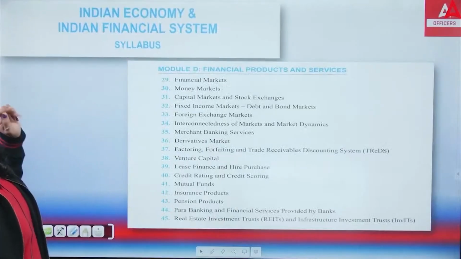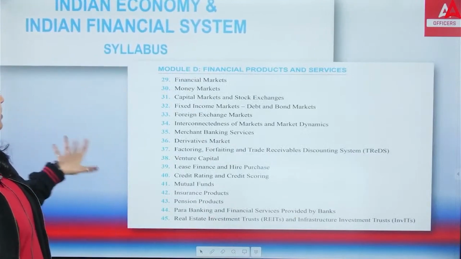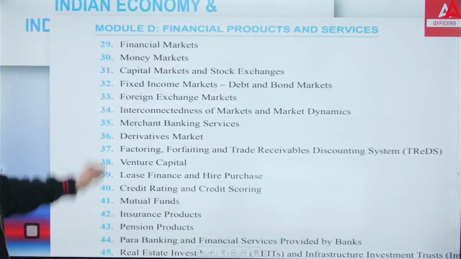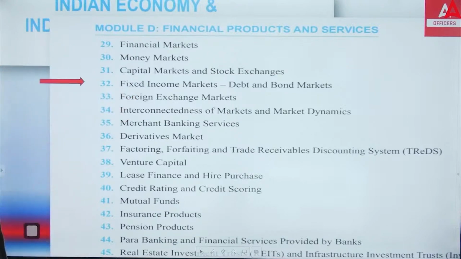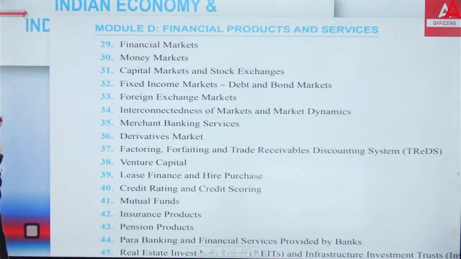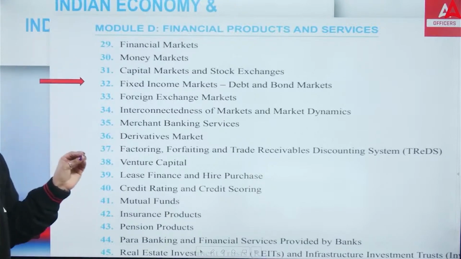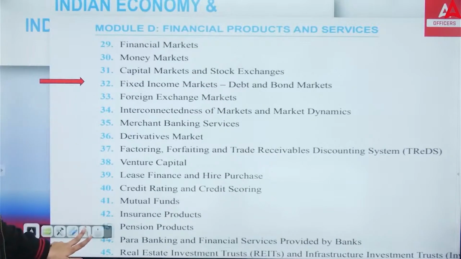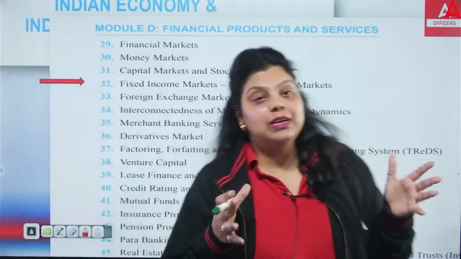It means in Indian Economy and Indian Financial System, module D, that is your financial products and services, we have discussed financial market, money market, capital market and stock exchange, and today we will be discussing the fixed income market, that is the 4th unit of module D. You can simply see the starting 3 units of module D have been completed, and today we are going to complete the 4th unit of module D. Overall, it is your unit number 32.